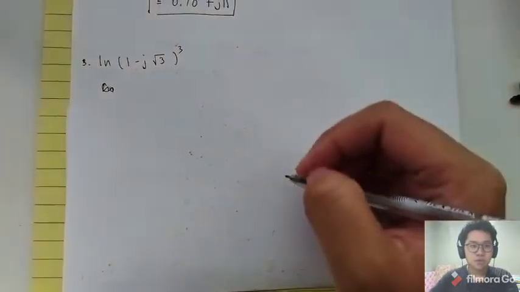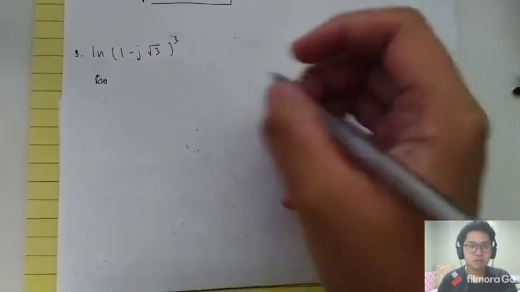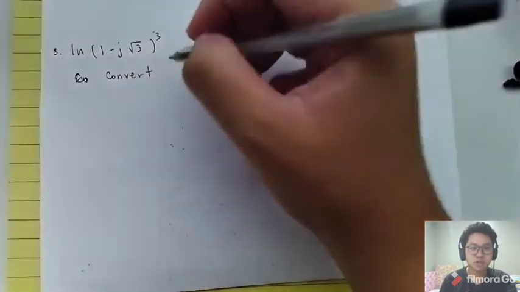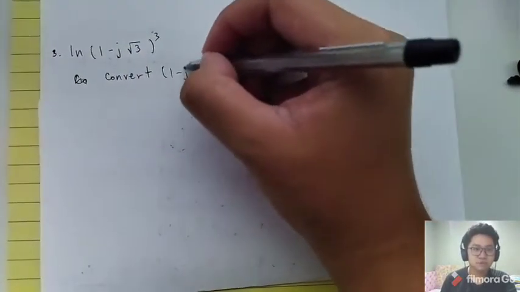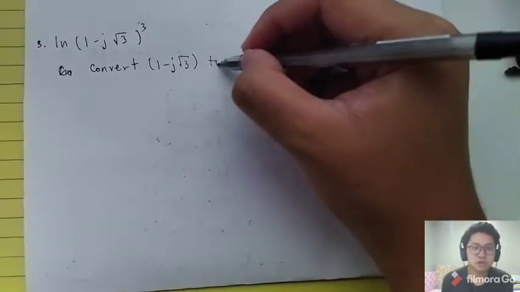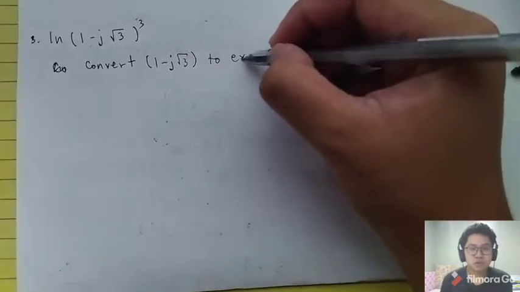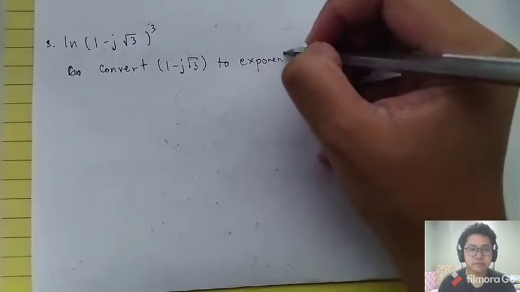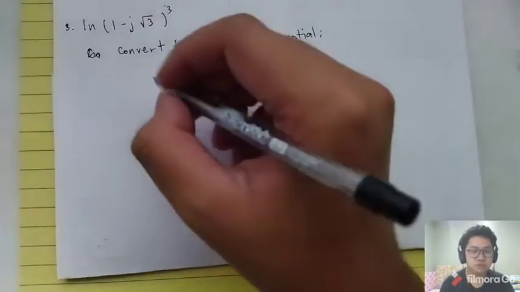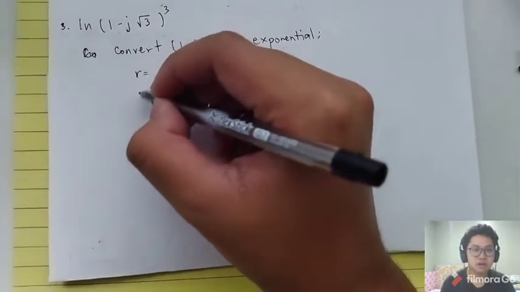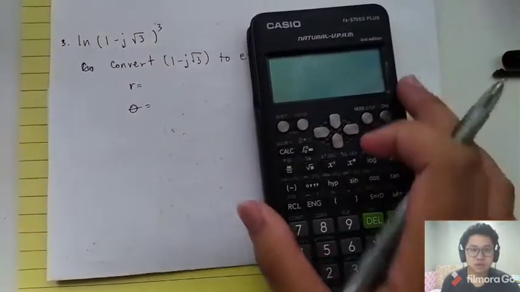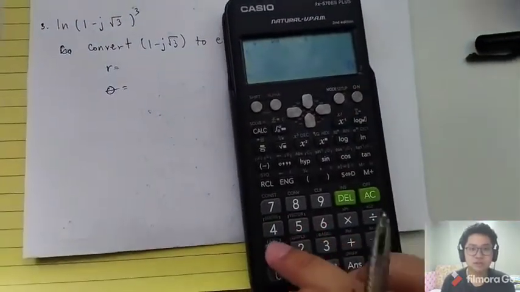Third problem, we have the ln of 1 minus j square root of 3 raised to 3. First, we have to convert the 1 minus j square root of 3 to its exponential form. So we must get the r and the theta. We can use a calculator for getting the values.